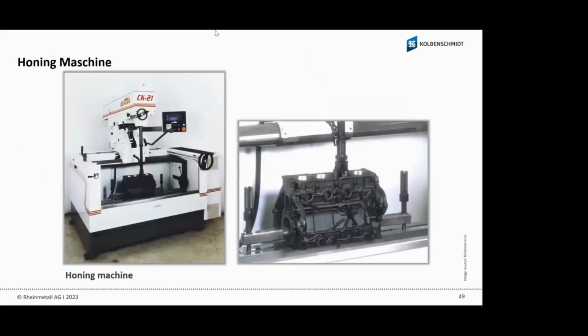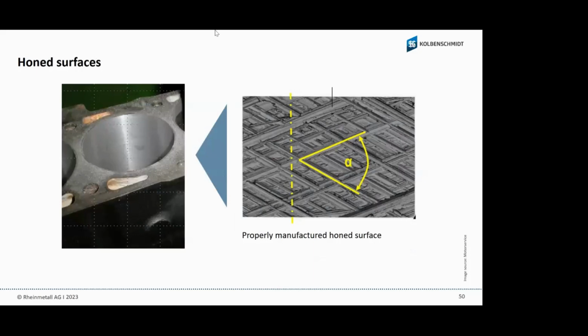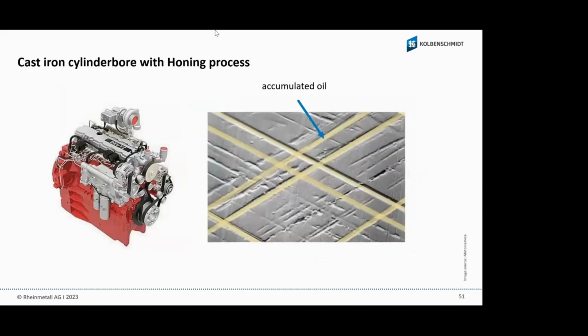When you overhaul an engine and put in an oversized piston, you drill out a bigger hole to the oversize and hone this area, so you have a properly manufactured honed surface. The angle must be right, the roughness must be right, and so on, here on the gray cast iron cylinder bore.